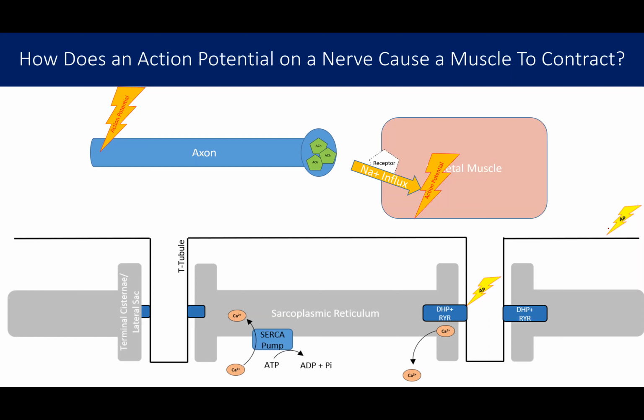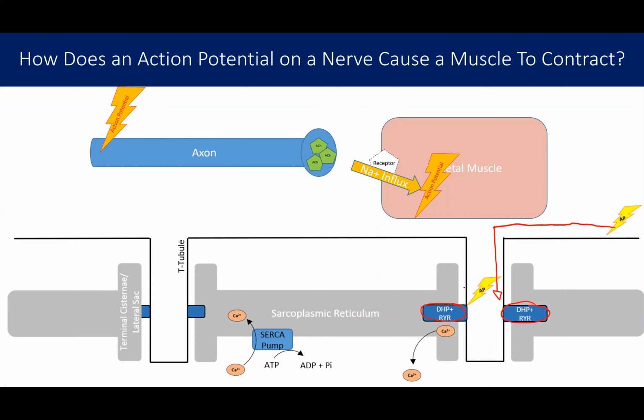So as the action potential travels down the membrane, we have a wave of depolarization, just like what happens on the nerve. It's going to stimulate these channels, DHP and RYR.